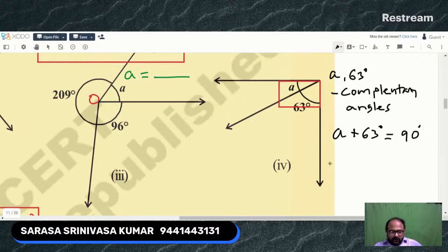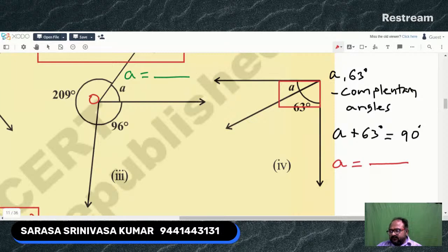Now you have understood how to find A. Can you find angle A? A equal to 90 degrees minus 63 degrees. You can find angle A. I am keeping a blank here.